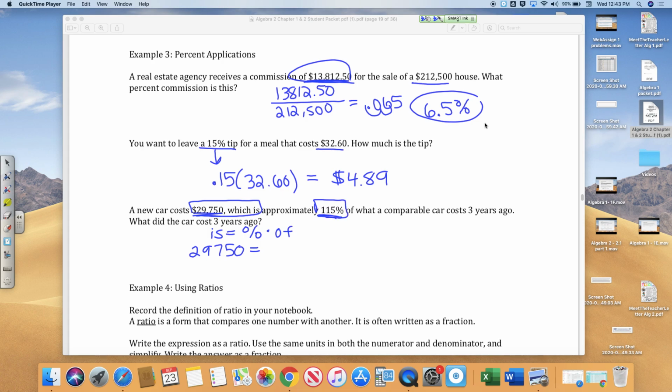And this percent in decimal form is 1.15. And then times what we're trying to find, this is the equation we could come up with. Then we would divide both sides by 1.15. And we're going to get that the cost of the car 3 years ago was $25,869.57, which makes sense because it used to be cheaper and then it increased by 115%.